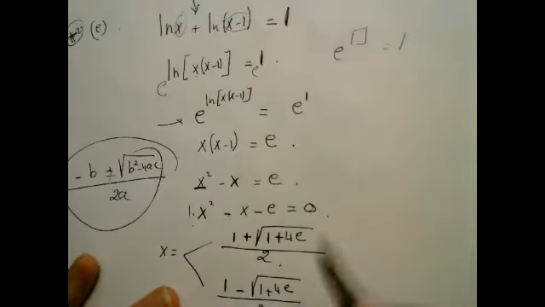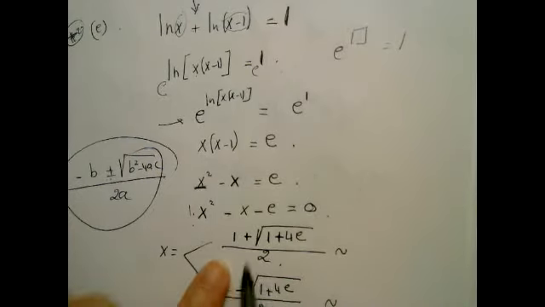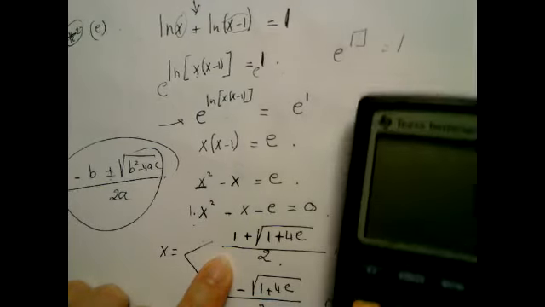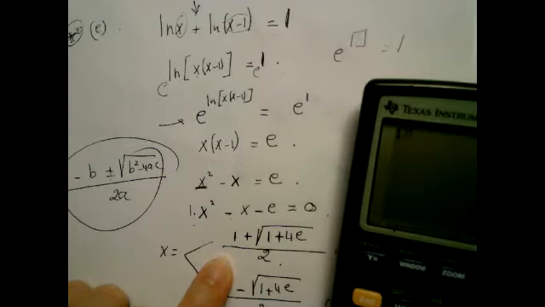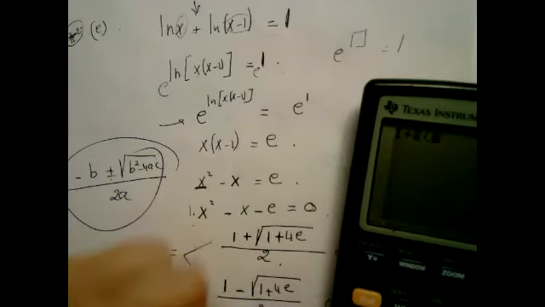So I need to see which value of x works. This one seems to work; it's absolutely positive. So I'm just going to estimate it to see if I can accept it as a solution.